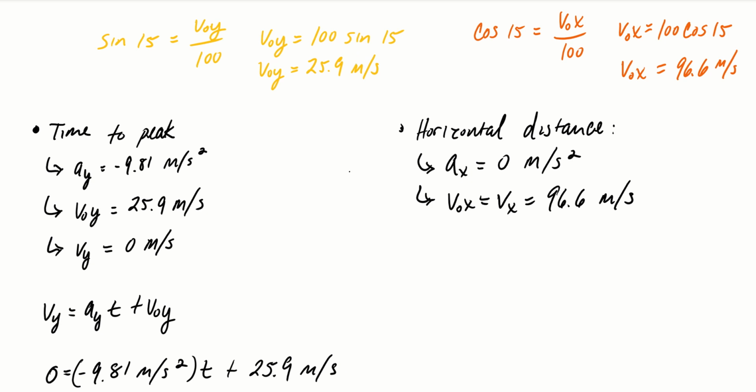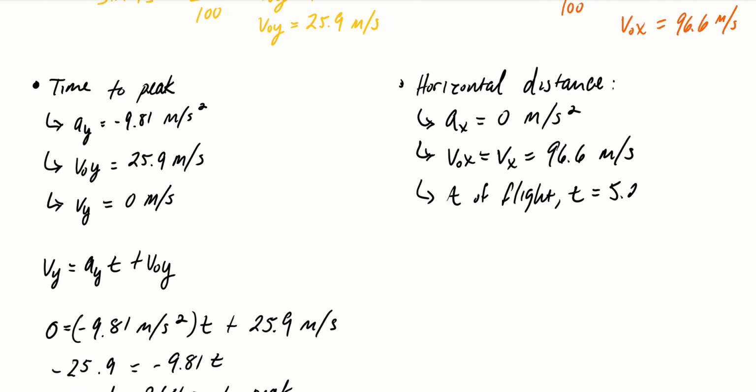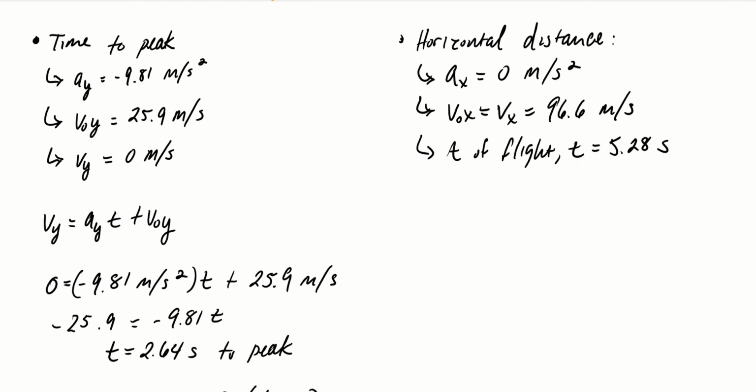And I know that the time of flight, we're going to call that t, is 5.28 seconds. So I can use one of my favorite formulas, x equals x naught plus v naught t plus 1/2 a t squared. I know that my acceleration in the x direction is 0, so this term is going to be ignored. And I know that we're just going to call my initial position 0.